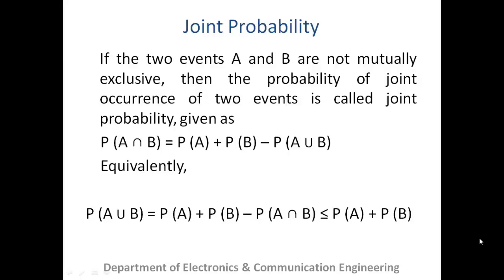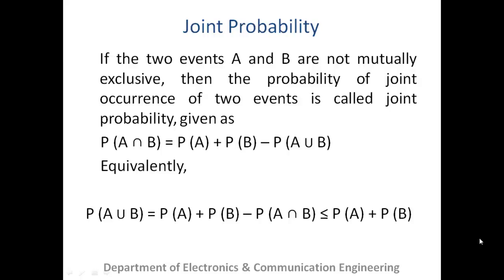So, as an example, the joint probability can be defined for the same experiment: if we are tossing a dice, we say the two events defined are the occurrence of face 2 and the occurrence of an even number.